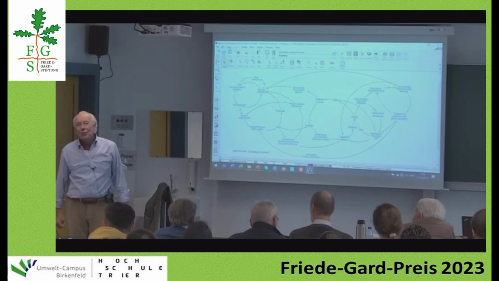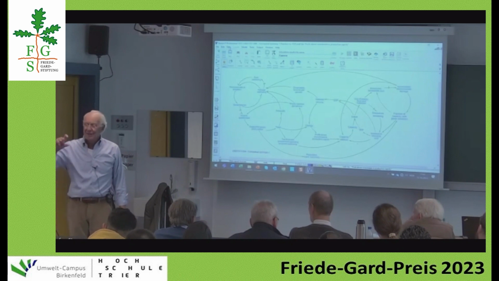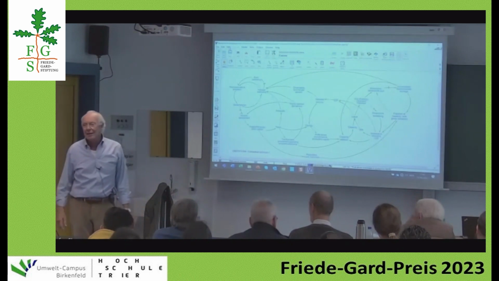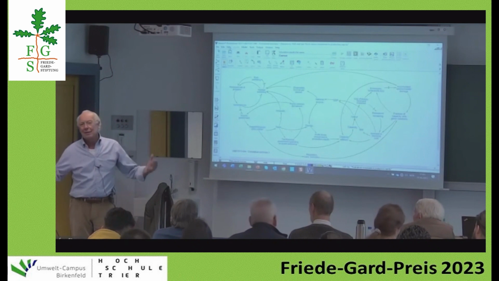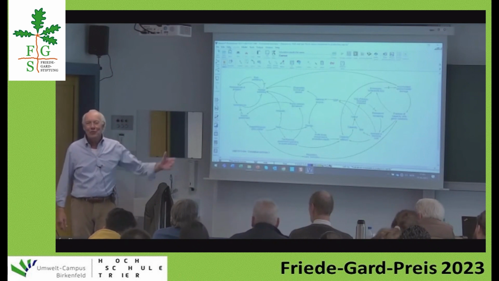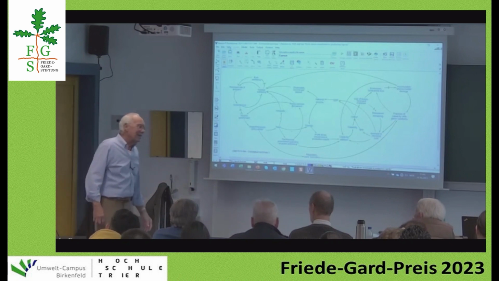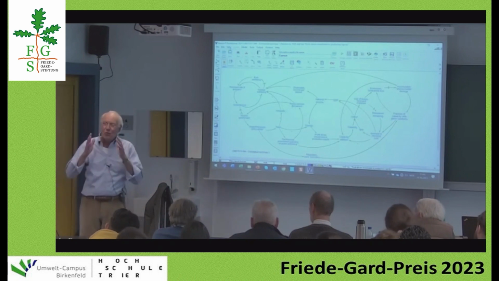A man called John Sterman, who is 50 years younger than Forrester, and is now the eminent professor of system dynamics at MIT, has written a very thick book, which is very much more modern, called Business Dynamics, which is very good. But again, he stands on the shoulders of his boss, Jay, and Jay is totally inaccessible.